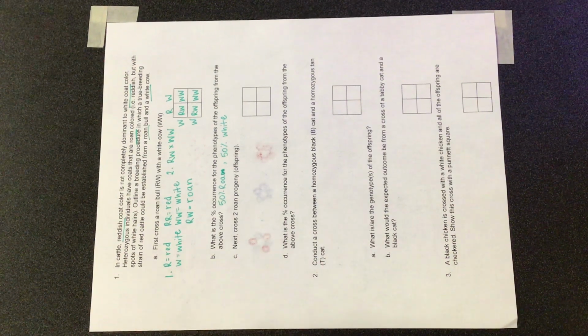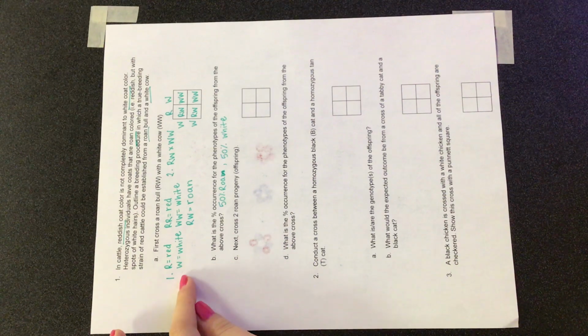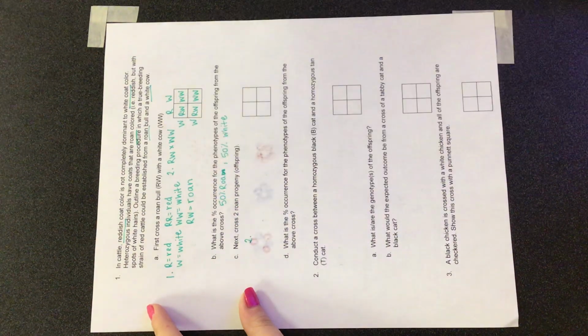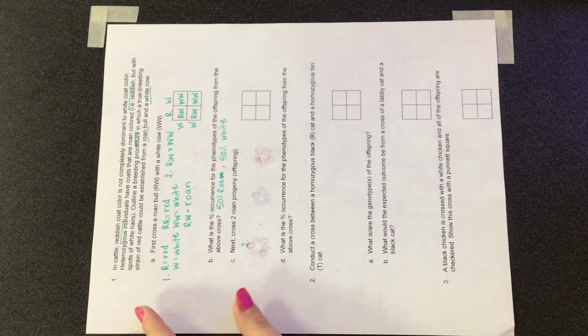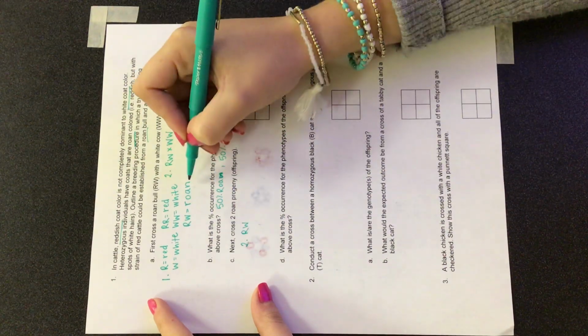Then it wants me to cross 2 roan progeny. Progeny is another word for offspring. So my letters are going to be the same. I'm still working with red, roan, and white. My parents for this second cross are both roan, which I know is RW.